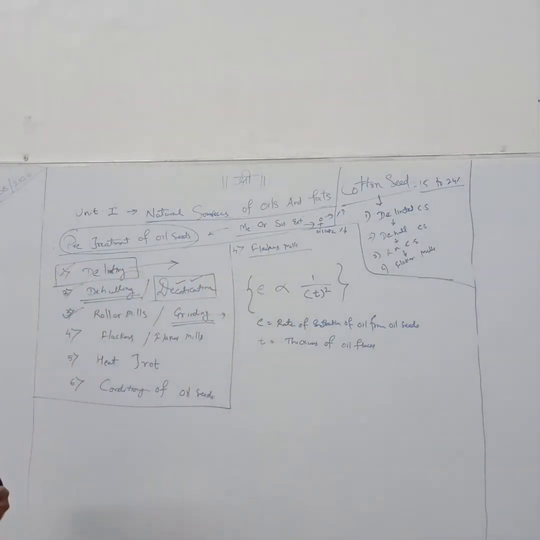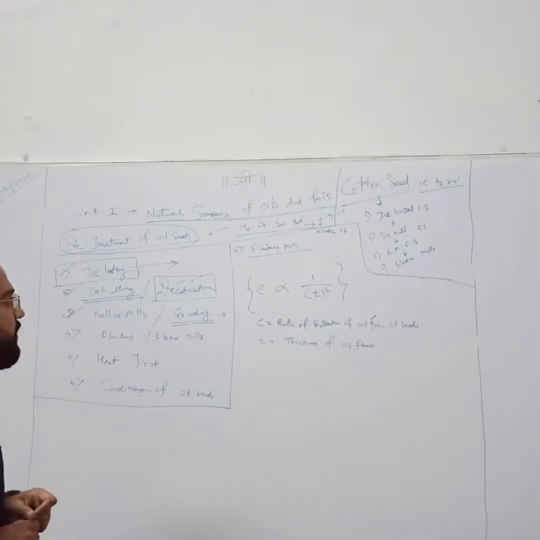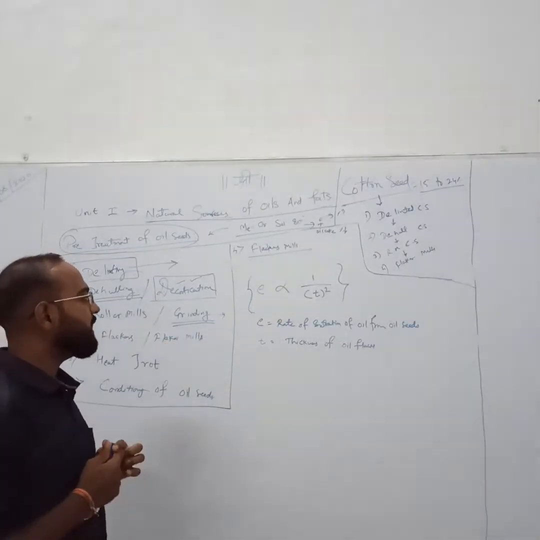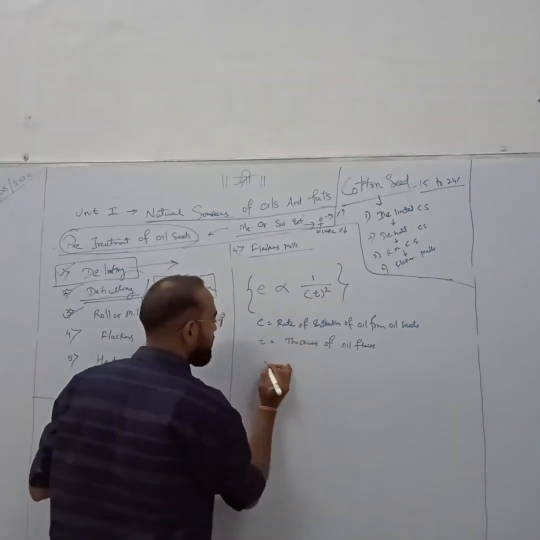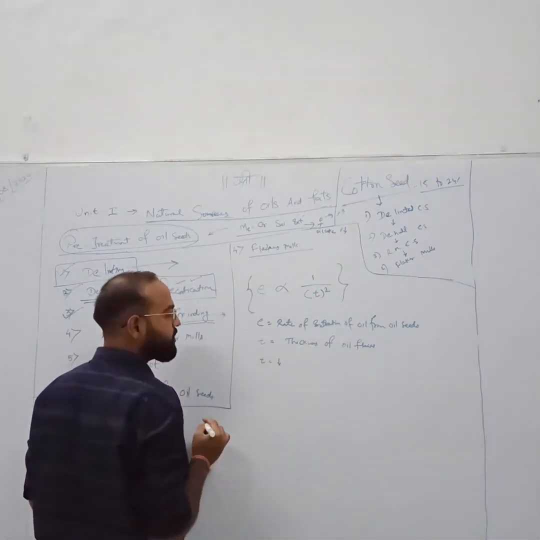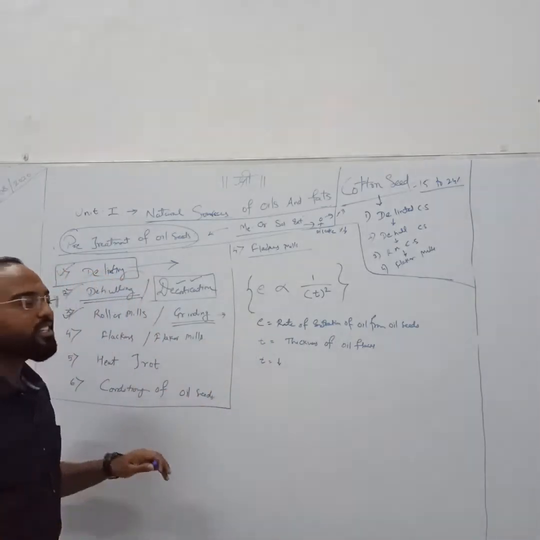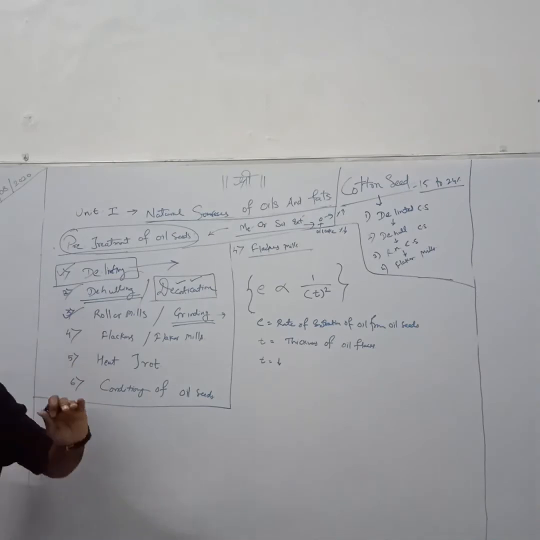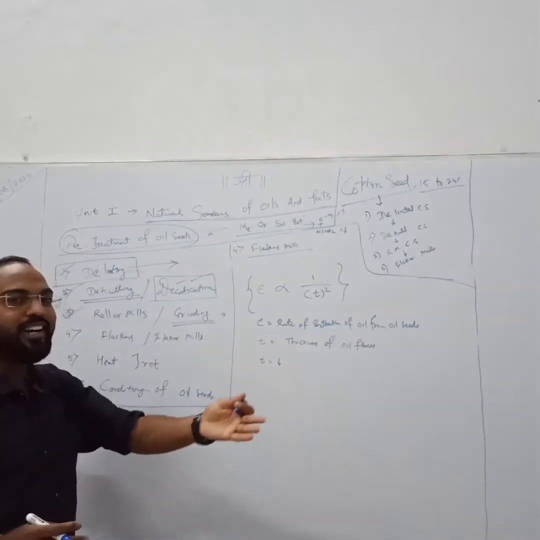What does it exactly mean? From that mathematical expression, we can say that if the thickness of our flakes is smaller... Flaking operation is quite similar to roller mills, but there are some basic differences. I will explain it later.